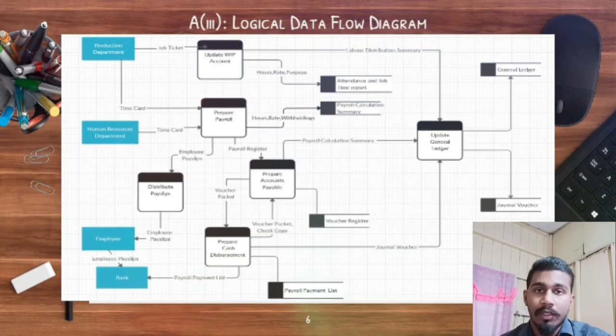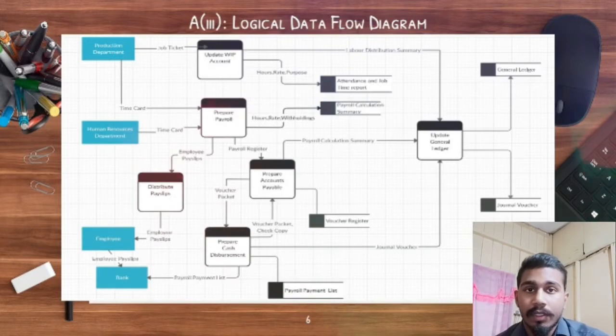So here we can see that from the production department and also the human resource department, the information flows through some processes so that it can go to the general voucher file and also the general ledger file, and the information also goes to the bank to further the payroll processes to pay the employees.